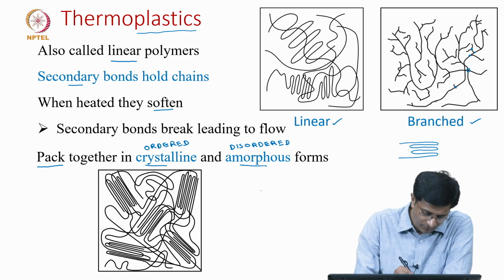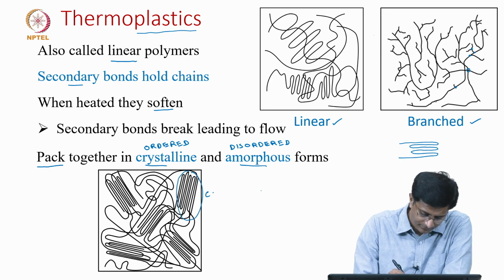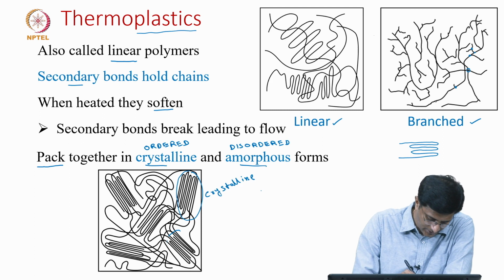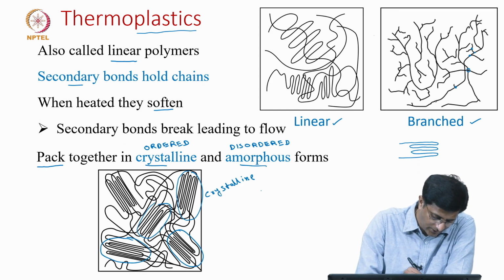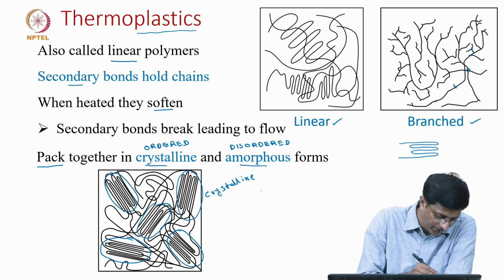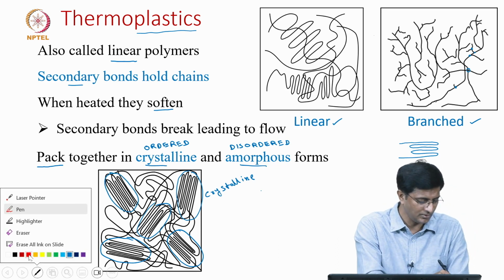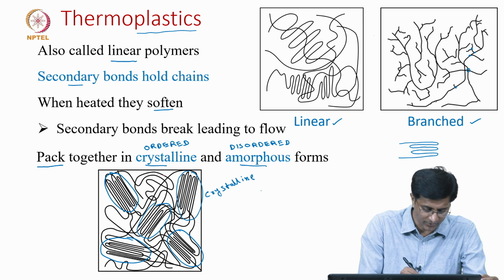So, for example, if we look at this schematic, this is a crystalline region, and this is another crystalline region, all these are crystalline regions. But in addition to these crystalline regions, we also have amorphous regions.